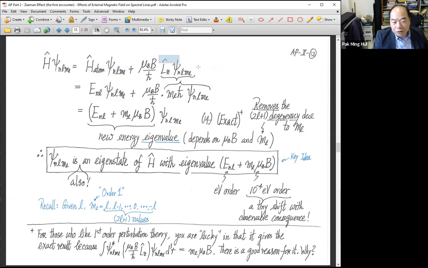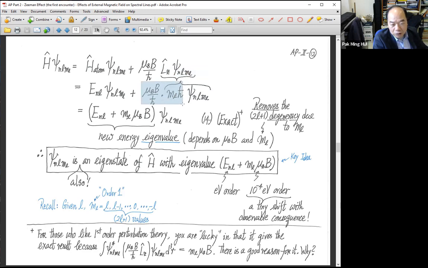Then pay attention to this particular bit. The perturbation is proportional to L_z. And that wave function is an eigenstate of L_z with eigenvalue m_l h-bar, all right? So therefore, automatically, it gives us this eigenvalue times the same eigenfunction.